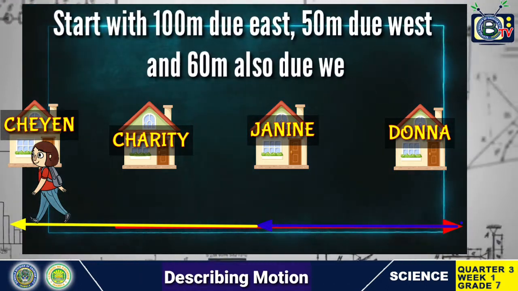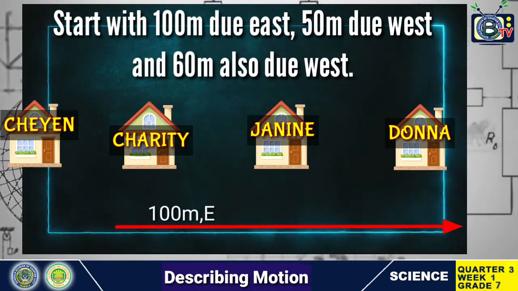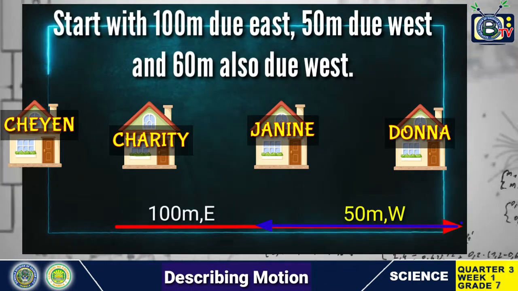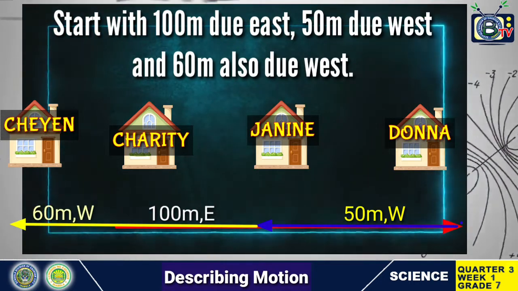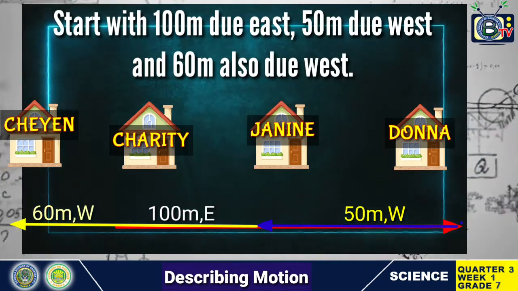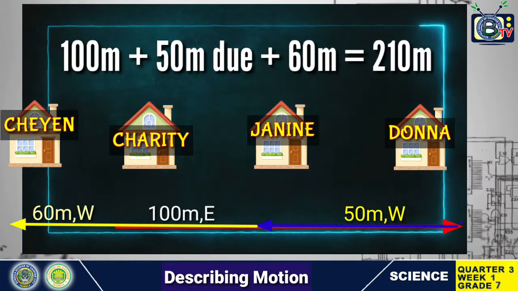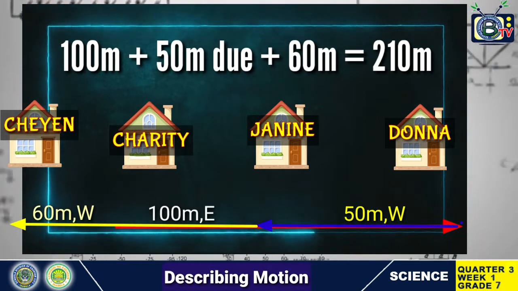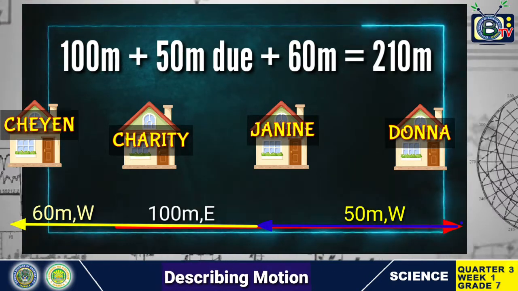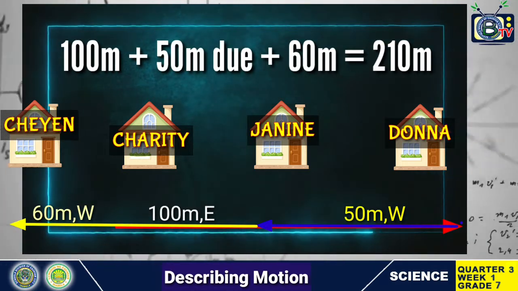Start with 100 meters due east, 50 meters due west, and 60 meters also due west. Now, we will add up the values 100 meters, 50 meters, and 60 meters. So the distance will be 210 meters.